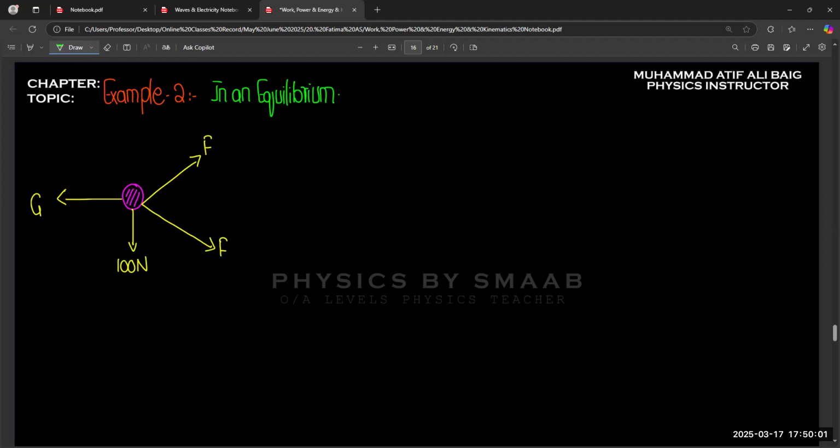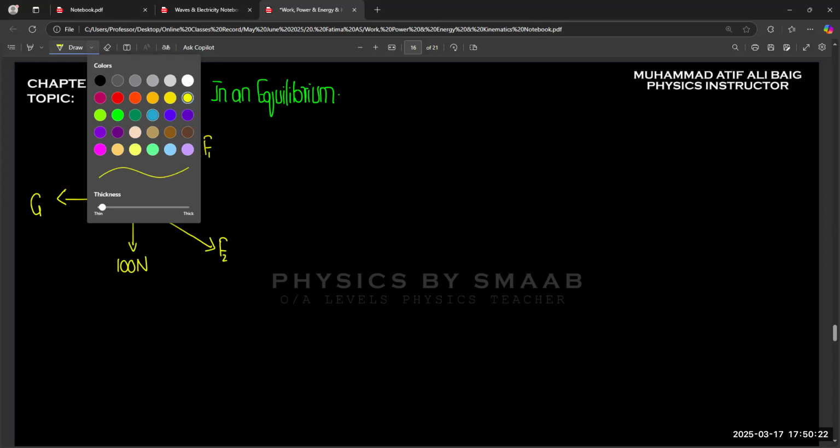It means body is not moving anywhere, body is not rotating anywhere. So sum of all forces, sum of all moments is equal to zero in this case. So if we need to find out any unknown quantity, we need to make the components. Let's suppose this is force F1, this is F2. So we can make components like this.